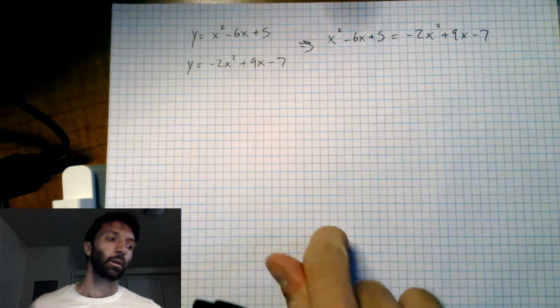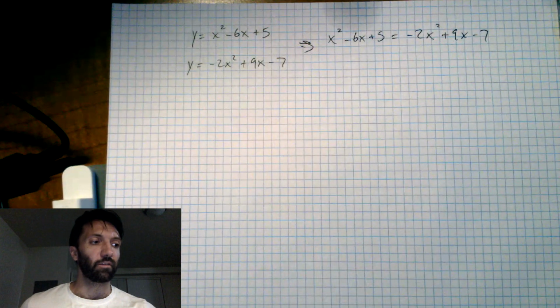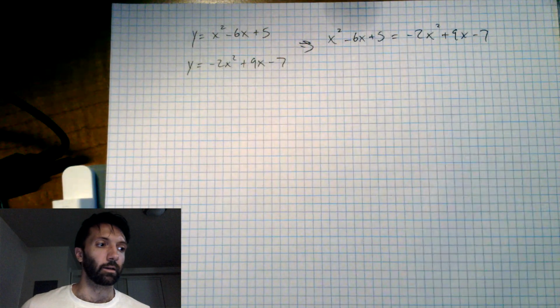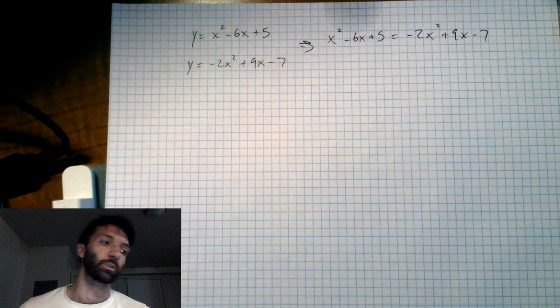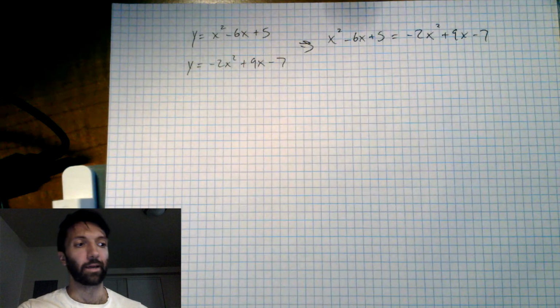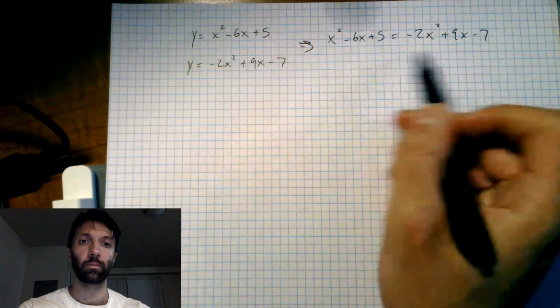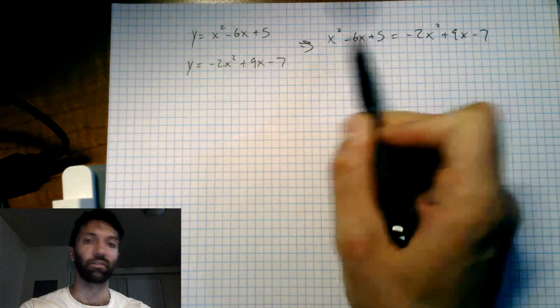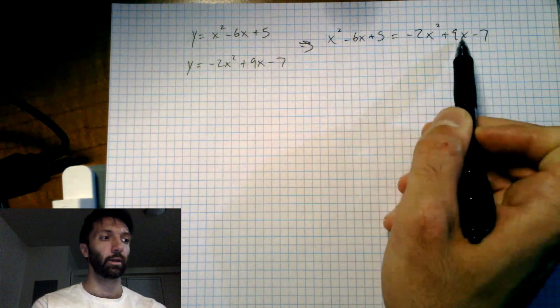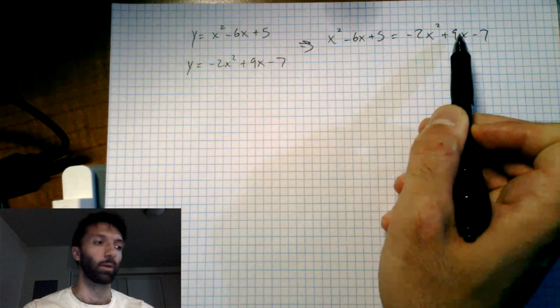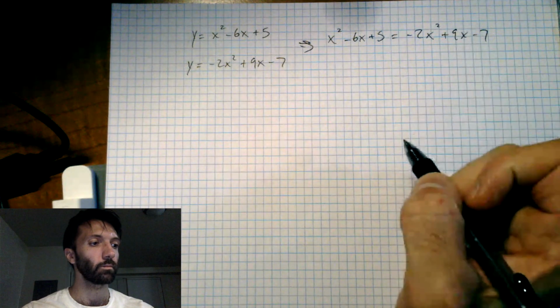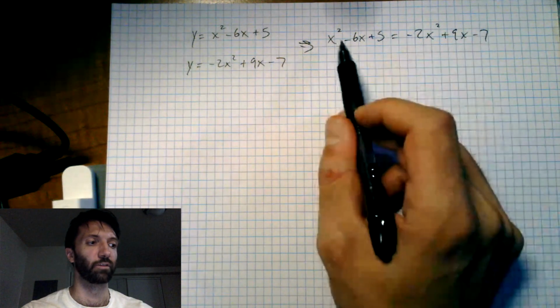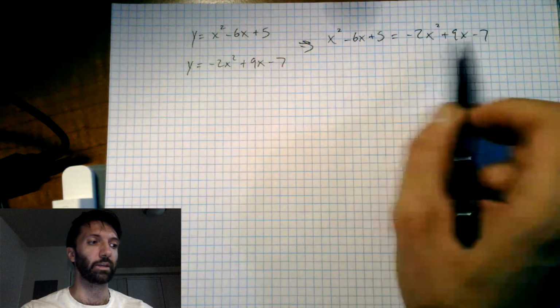All right, and now we're just going to solve this equation like we would a normal quadratic equation. So I'm going to get this into standard form by getting all of these terms over to this side so that one side equals 0. Actually, just to keep my leading coefficient positive, I'll get all of these over to this side.